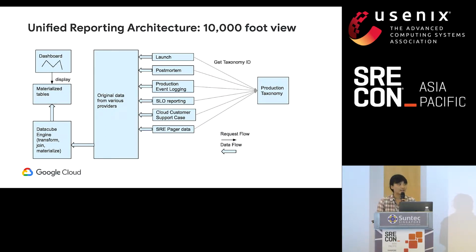This high-level architecture diagram shows we have a number of disjoint data sources. They have data about production launches, postmortems, production event logging, SLO reporting, cloud customer support cases, and SRE pager data. We bring all these disjoint data sources together and correlate them using our unique identifier.